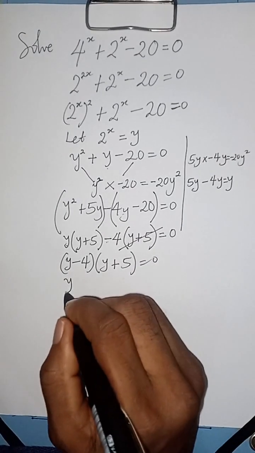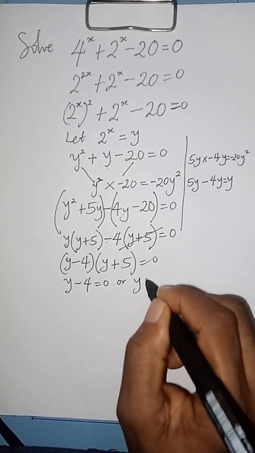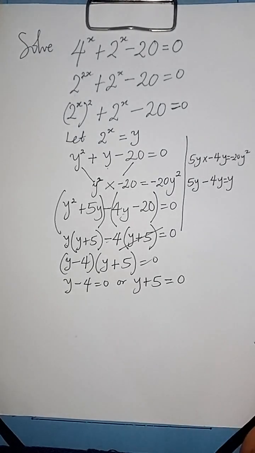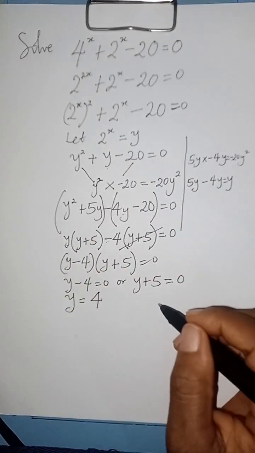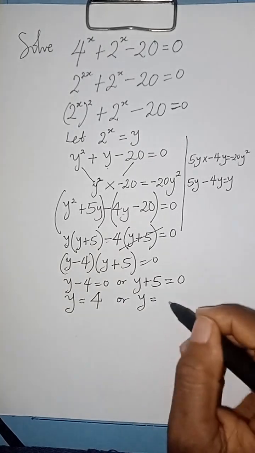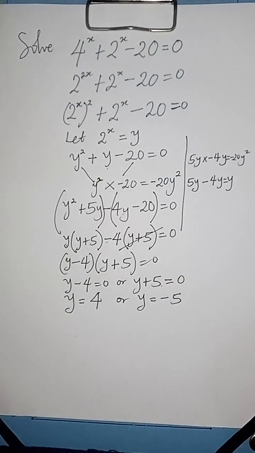So in this case, y minus 4 is equal to 0, or y plus 5 is equal to 0. The value for y is 4 when minus 4 moves to the right hand side of the equation, or the value for y is minus 5 when positive 5 moves to the right hand side of the equation.